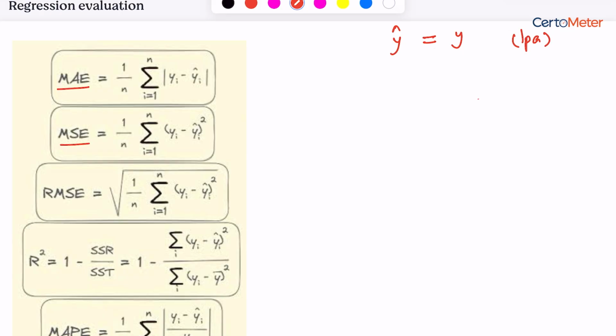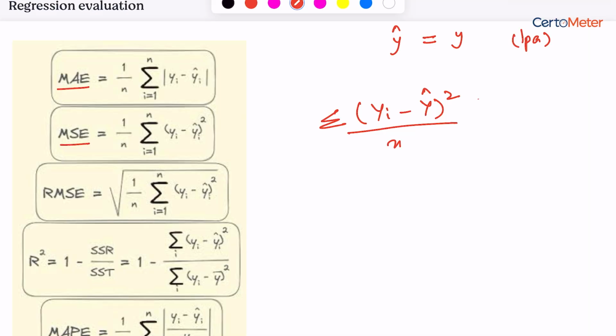Second is mean squared error. Here I take the actual value minus the predicted value and square them for all the values. First of all, if the unit of y, that is my output, is LPA, lakhs per annum, my error's unit will become squared. So it is difficult to interpret.